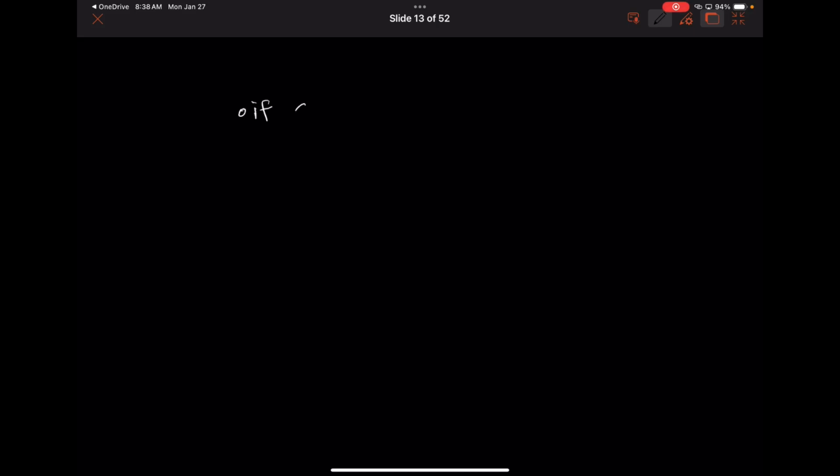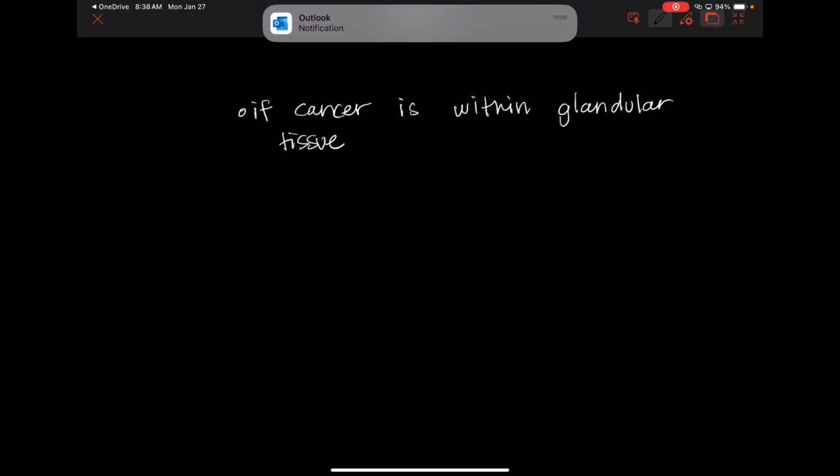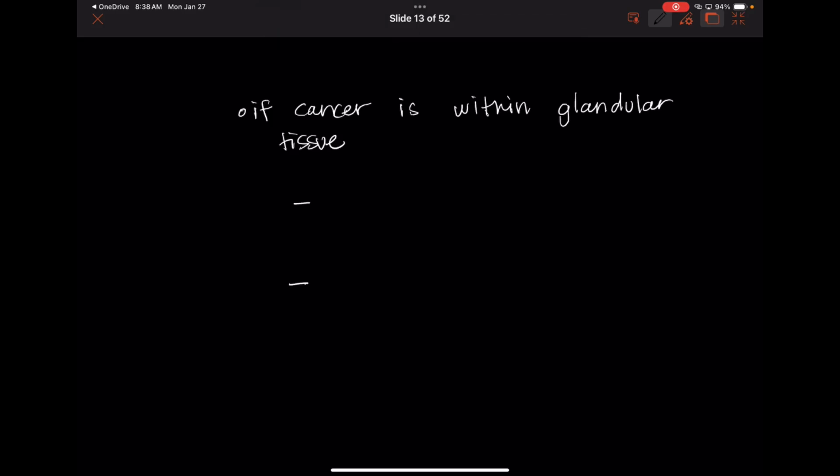But if the cancer is within glandular tissue, we usually put them into two different categories.